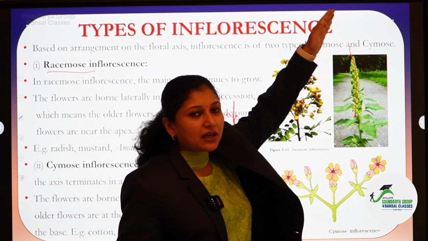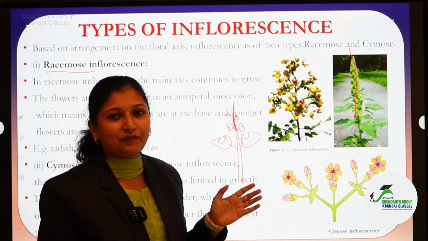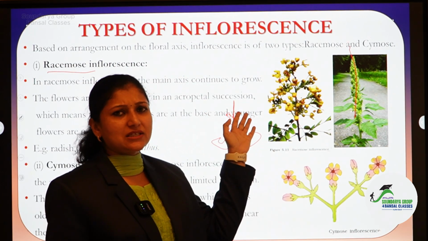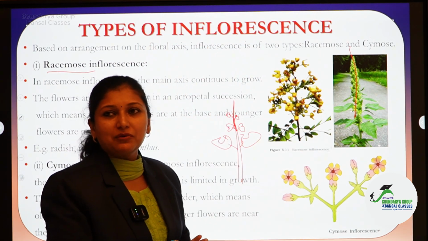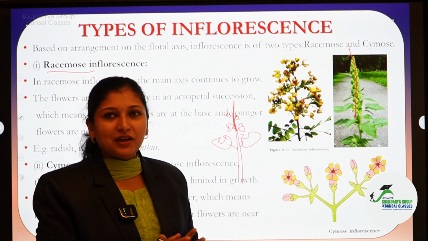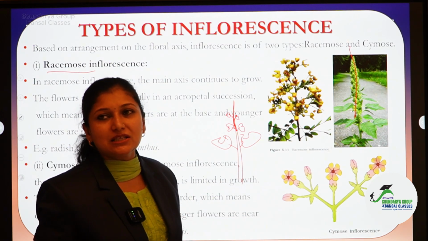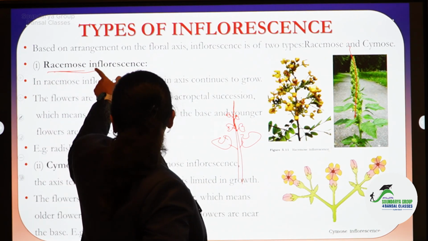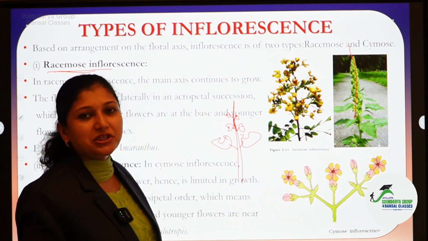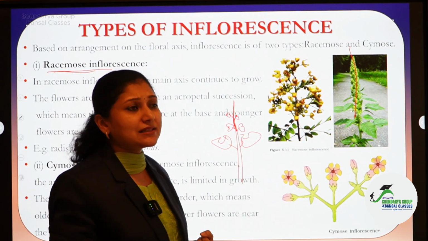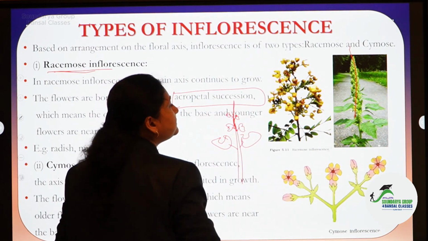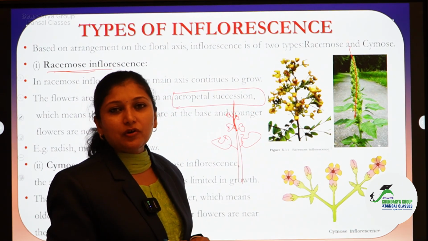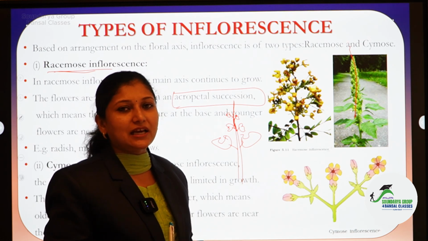So the tip is free and the growth of the plant is indefinite, meaning it is continuously occurring, and new young flowers will come towards the tip. This type is known as racemose inflorescence. Here they will ask questions based on the tip and the succession of the plants. So they have acropetal succession.